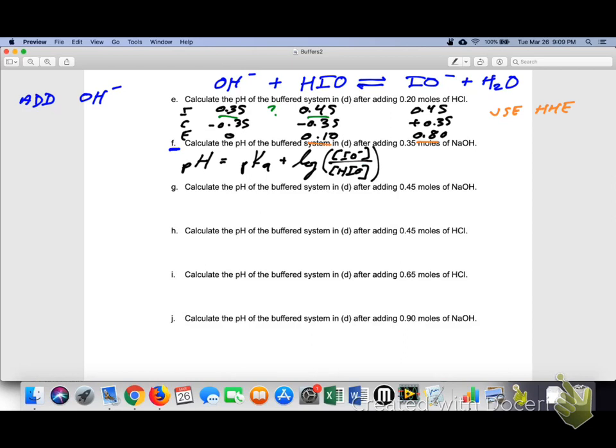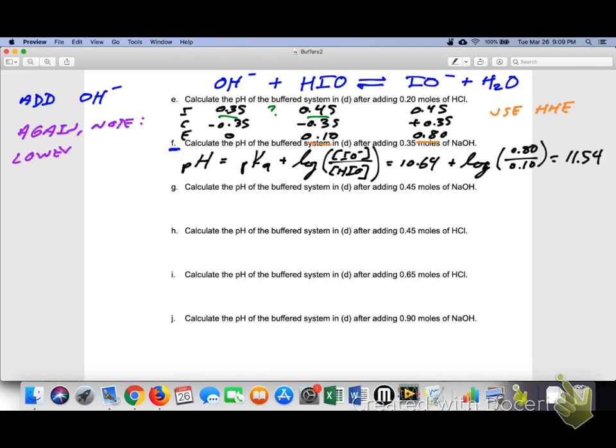Plugging in and solving tells me that the concentration of the conjugate base went up to 0.80. The concentration of the weak acid went down to 0.1. So that term ends up being log of 8. I add that to the 10.64 and I get 11.54. Now again, that doesn't surprise me.